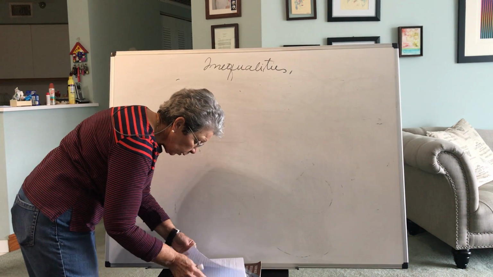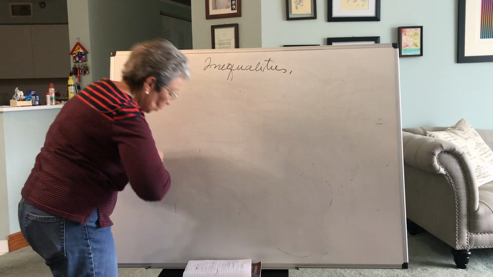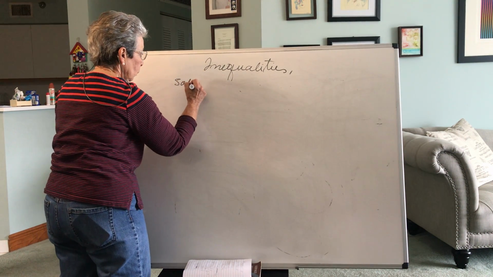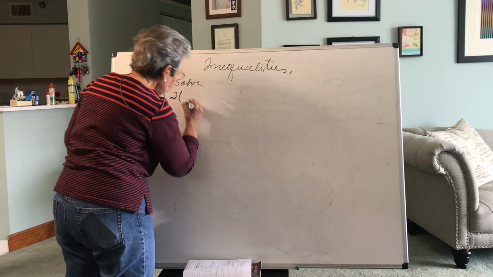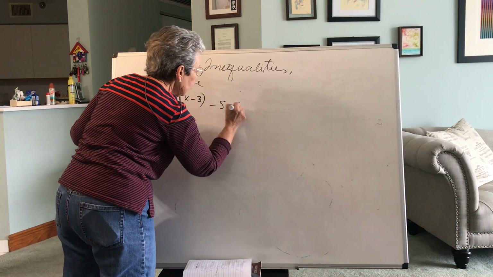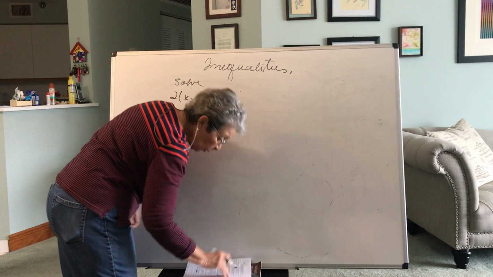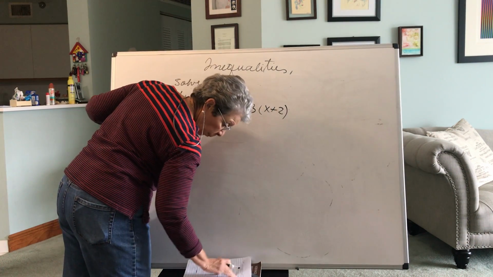Another exercise, and the last one of the unit. For example, solve 2 times x minus 3 in parentheses, minus 5 less or equal 3x plus 2 times 3, minus 18.